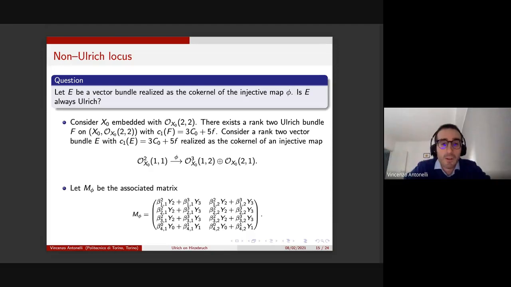In fact, here the y0, y1 are the coordinates of, let's say, the first P1, and then you have the coordinates of the second P1, y2 and y3. You see, these are just homogeneous forms in these variables. So this is the associated matrix.